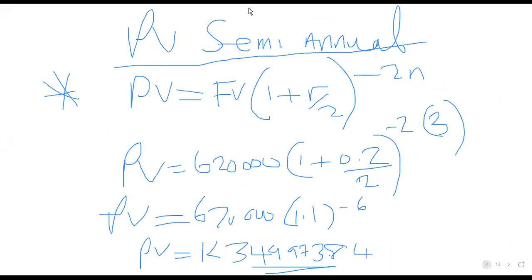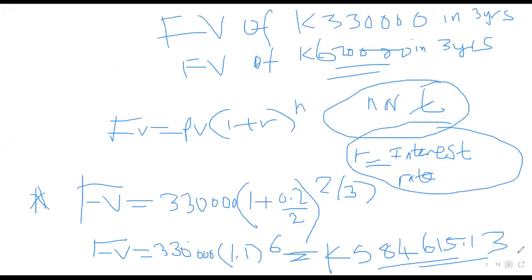There are 2 options. So we have this one, semi-annual. Present value of semi-annual is 349. We are finding the present value. For this, we want to find the present value and then compare it.